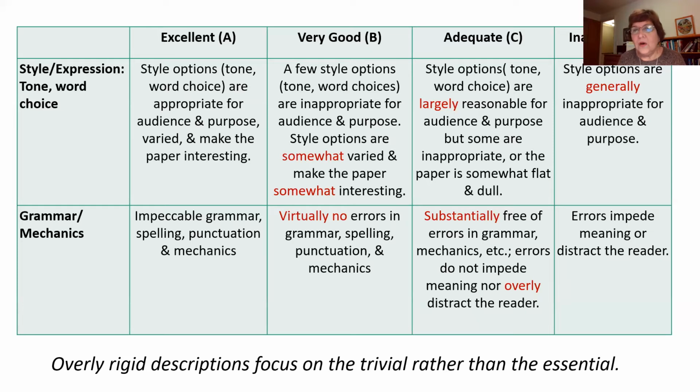There's something missing here. So I like the language here instead that excellent work is impeccable. Very good is virtually no errors, but you have a couple of typos. It's not going to destroy your life. Adequate is substantially free. And then I really like the line about errors do not impede meaning or overly distract the reader. I still think that's very clear to students.